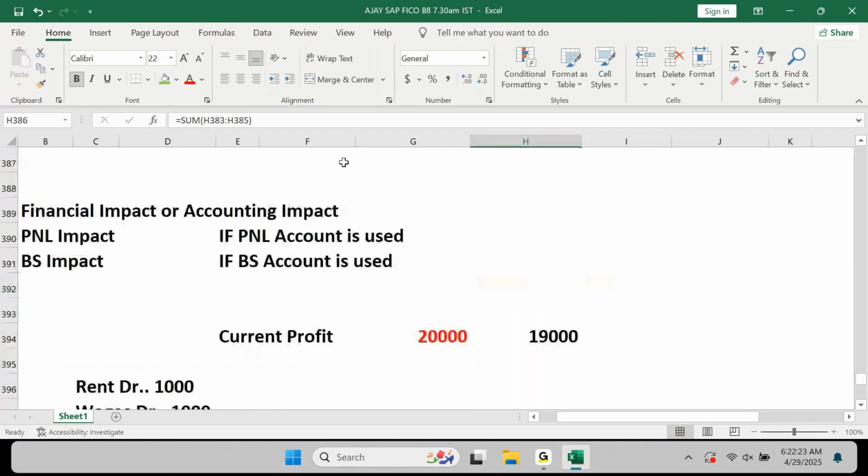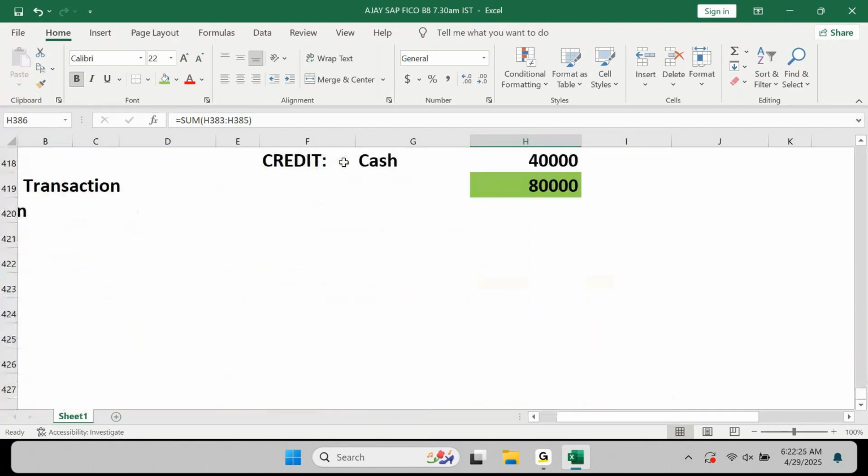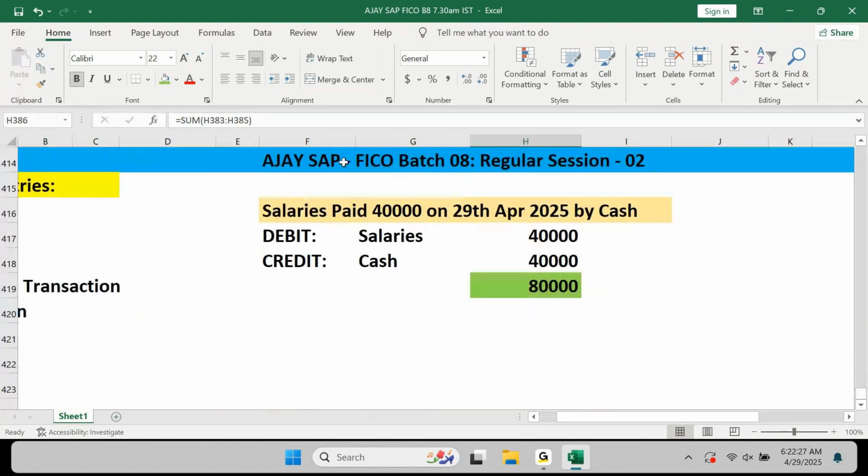But when you come here, are we writing debit credit on the same line or on different lines? On the same line. If I write on the same line, I need to make sure I write the number in accounting format. You'll have to write the number in the accounting format.